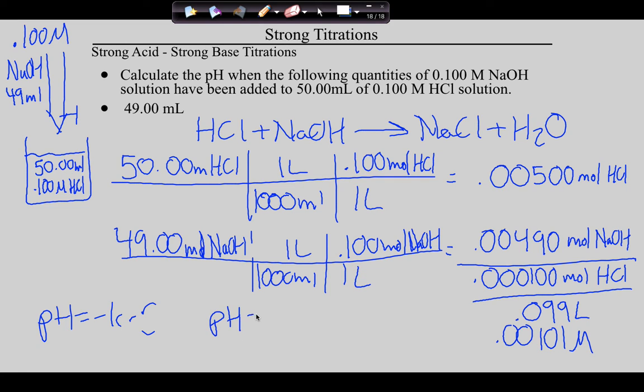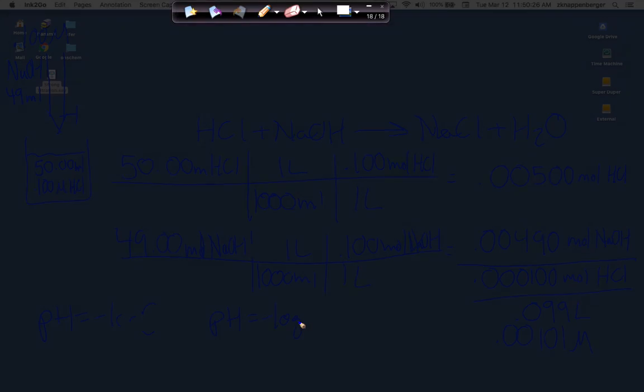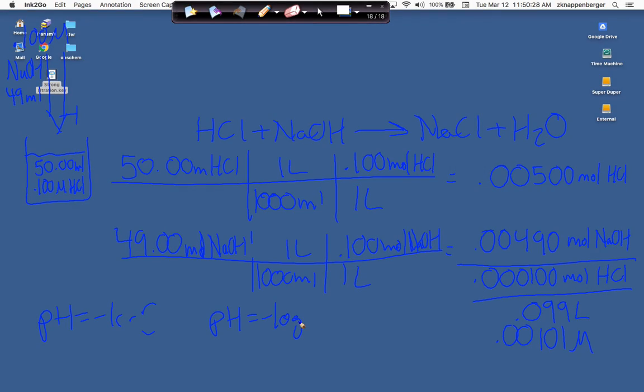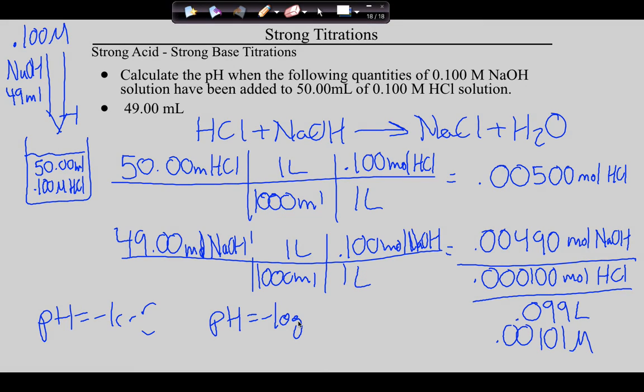So pH is the negative log of 0.00101. And guys, I get a pH of 3.00. Is that okay? Right here.